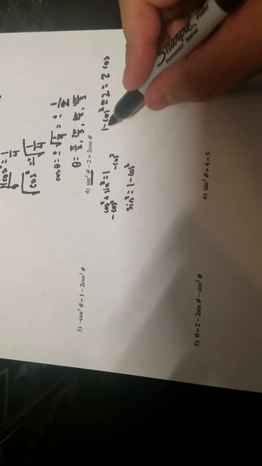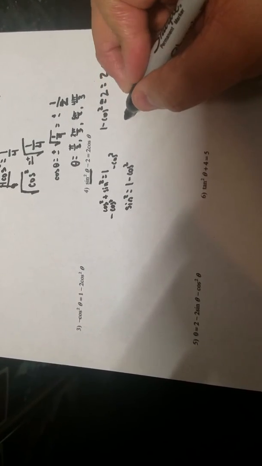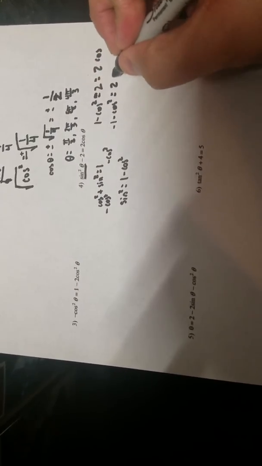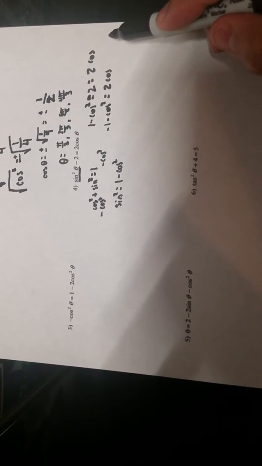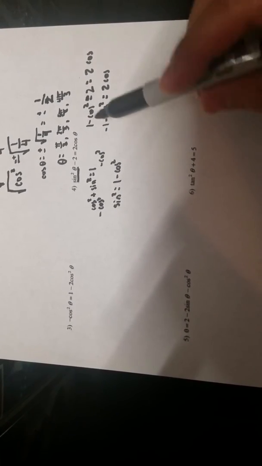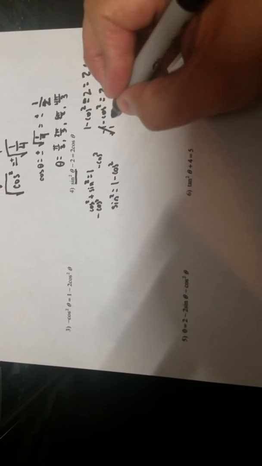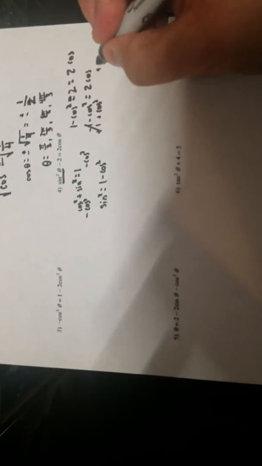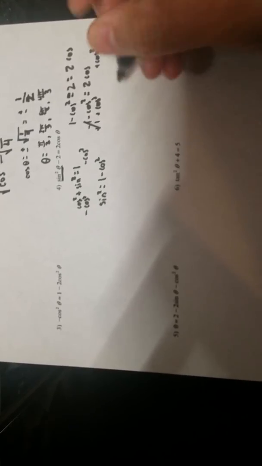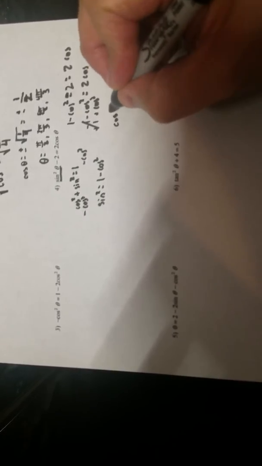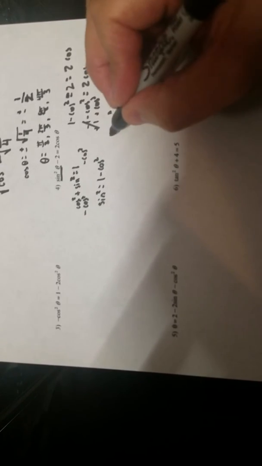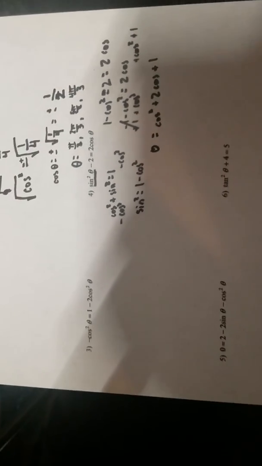So I'm going to combine 1 minus 2, so that becomes negative 1 minus cosine squared equals 2 cosine. And what I'm going to do is move everything to this side. That way I can deal with a positive cosine squared. So plus 1 plus cosine squared. So this is cosine squared plus 2 cosine plus 1 equals 0.